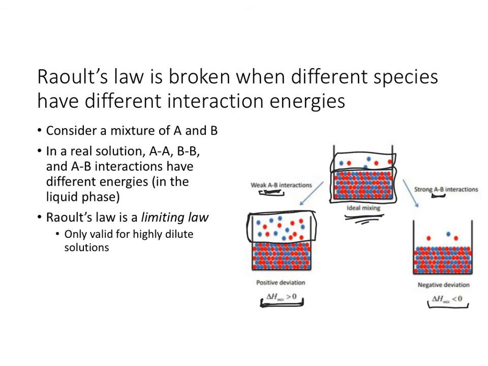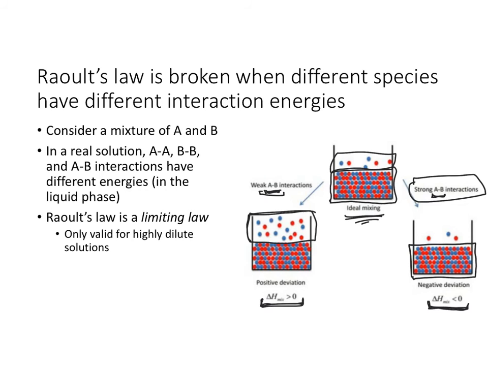If we, in contrast, have strong interactions between A and B particles, then that's going to promote more of them to enter the liquid phase down here compared to the vapor phase. And that's indeed what we see. When we have a favorable entropy of mixing, all of a sudden we're going to get a much lower total vapor pressure up above that liquid phase.